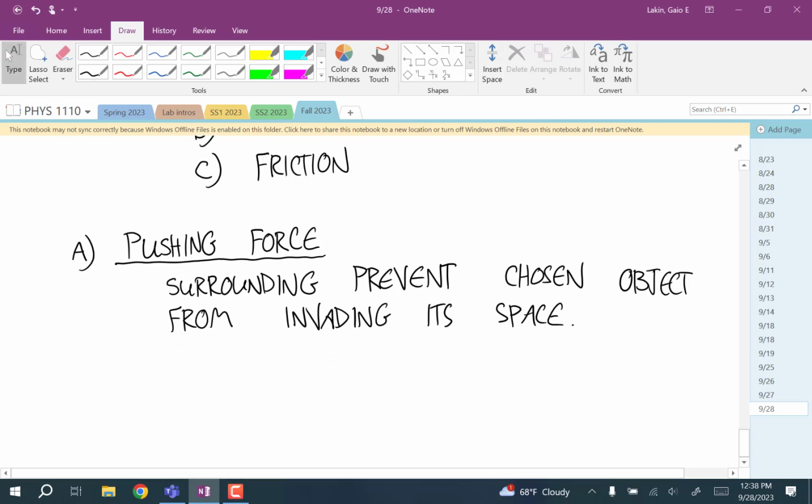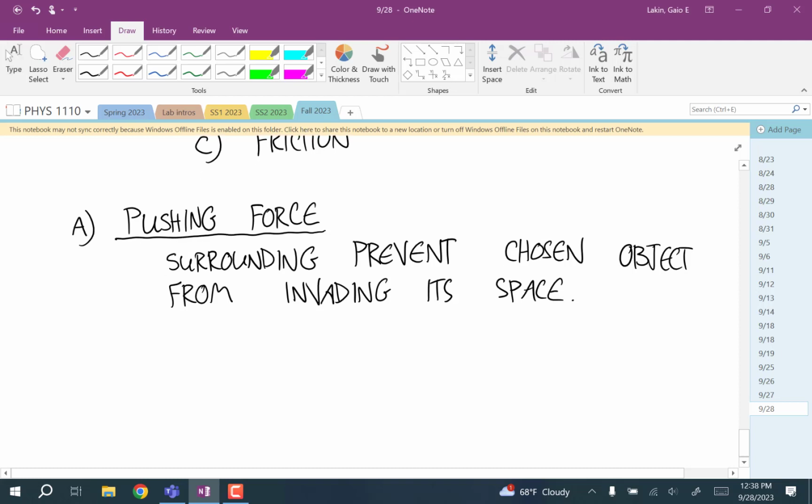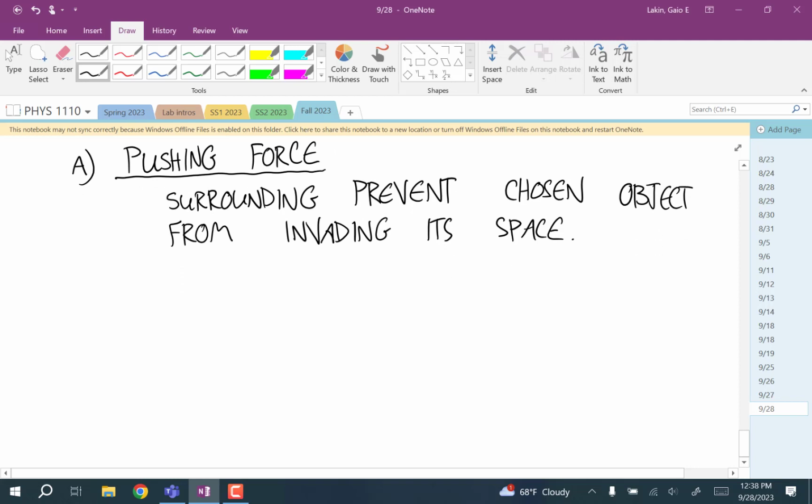To identify a pushing force, you can imagine wrapping your chosen object in like a puffy coat, you know? And the question is, does that coat get pushed towards the body, does it get compressed towards the body of the object, or does it get pulled away? Okay?